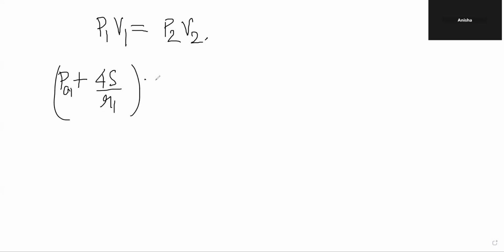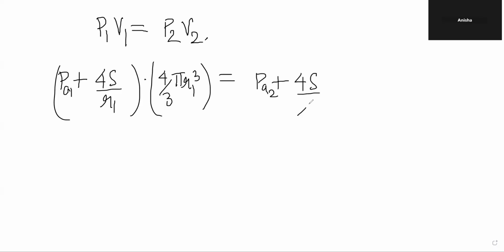So you will say P1 V1 is equal to P2 V2 for that kind of process, and there you will write PA1 plus 4S by R1 multiplied by the volume 4 by 3 pi R1 cube will be equal to PA2 plus 4S by R2 multiplied by the volume 4 by 3 pi R2 cube.